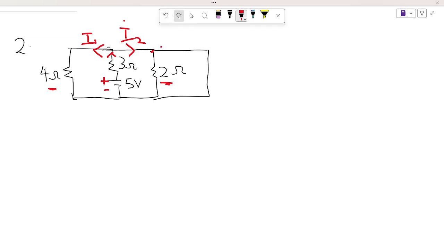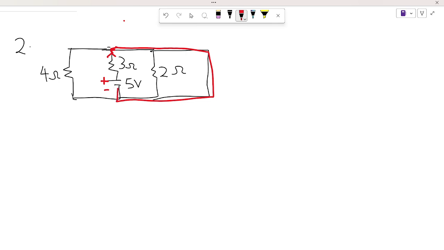So you realize that instead of the current dividing at this particular node, it is going to just move through this path, because that path provides the path of least resistance.